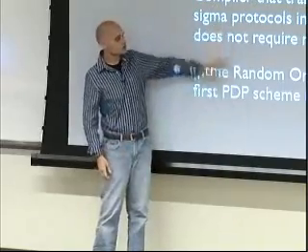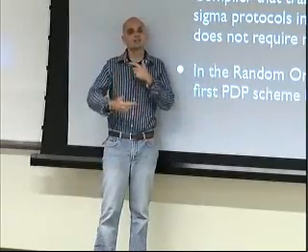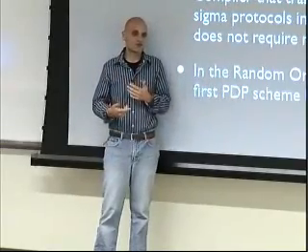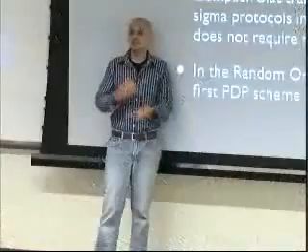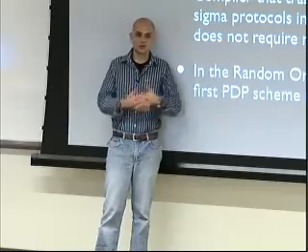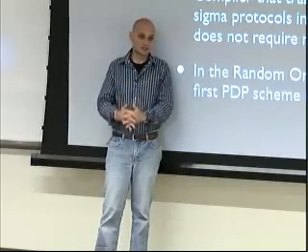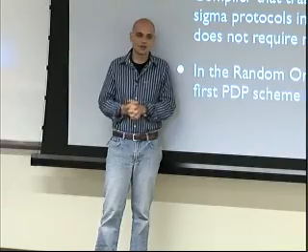In this result, we started from a sigma protocol that has these homomorphic properties but uses the random oracle, and then we applied our compiler. So in the end, we had to rely on the random oracle. But it's an interesting open question to start from a sigma protocol with a homomorphic property that works in the standard model. We haven't found any. Schnorr protocol, you cannot have this homomorphic property. No.